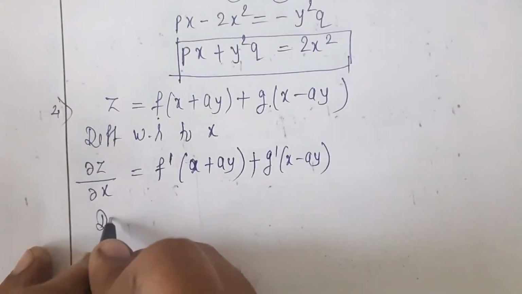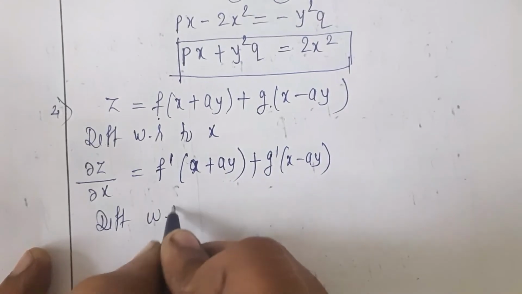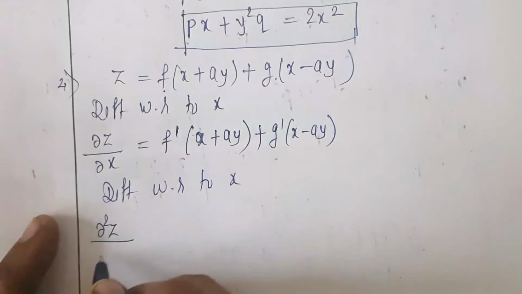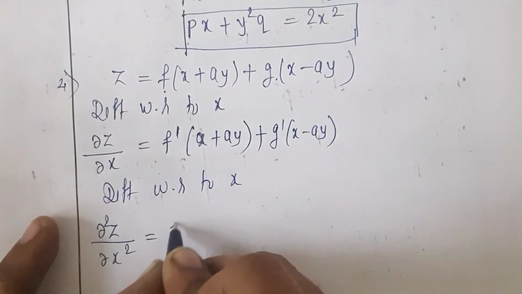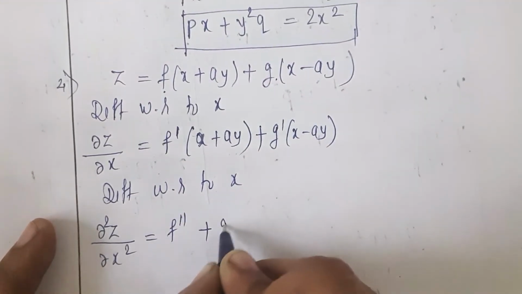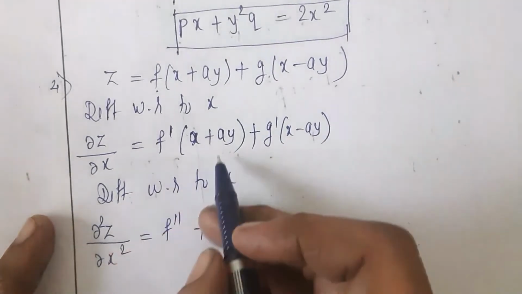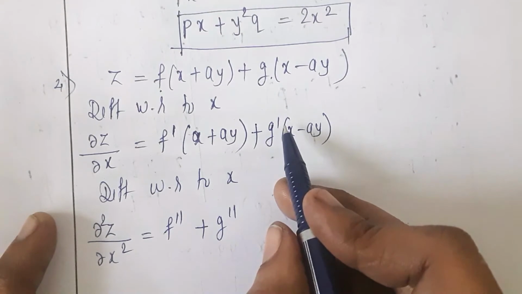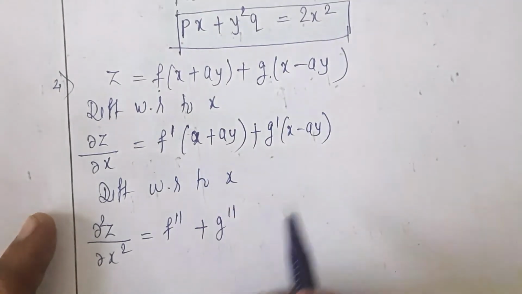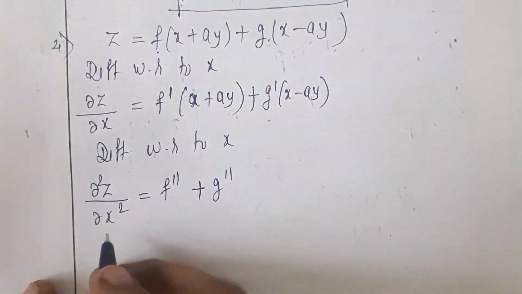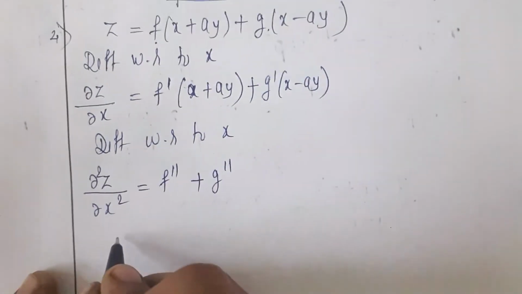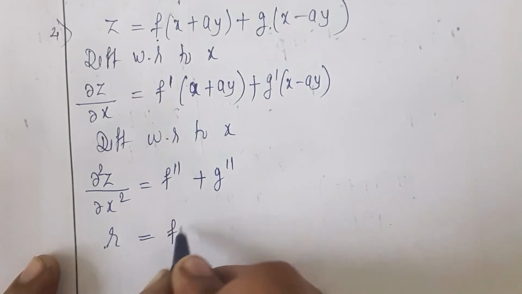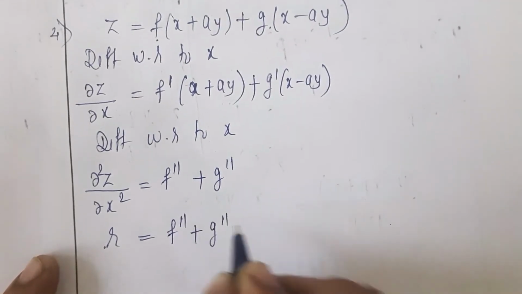So differentiate again partially with respect to x. So del 2z by del x square is equal to f double dash plus g double dash, because the derivative of f dash is f double dash and the derivative of g dash is g double dash, and the derivative of x plus ay is 1 and of x minus ay is 1. So del 2z by del x square, which is nothing but r, is equal to f double dash plus g double dash.